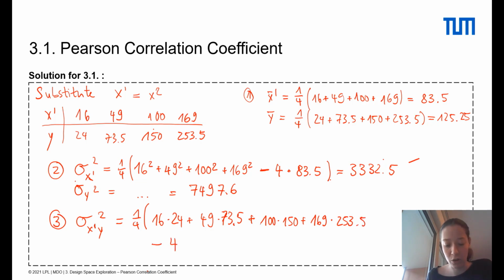And again we subtract 4 times the product of the means. Oh, and I was missing a square here. 83.5 times 125.25, and then we have 4,998.4.